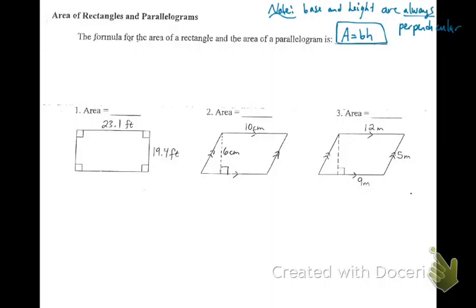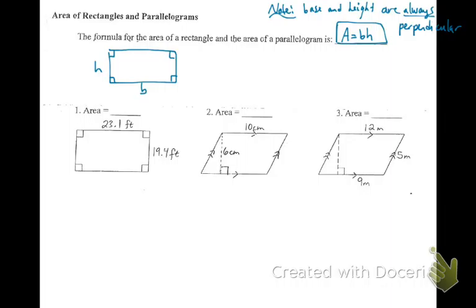So when you have a rectangle, so let me draw a rectangle, every side is perpendicular to an adjacent side. So the base times the height, you just have to multiply the sides. Done. Got the area.